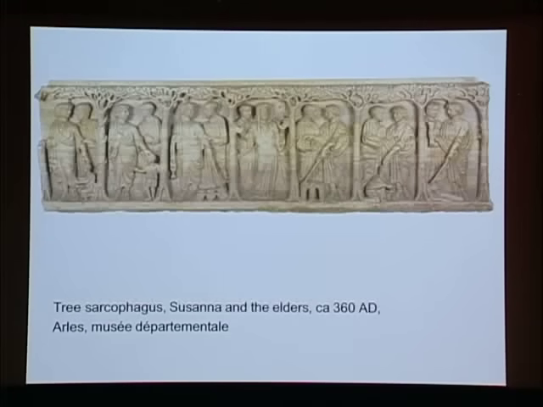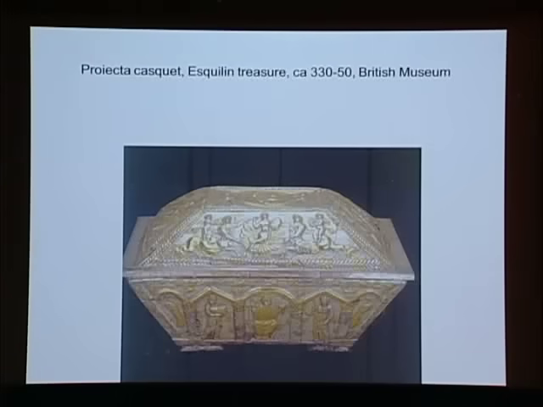Variations show the arcades in form of trees, like in this sarcophagus from Arles, with several scenes from Old and New Testament here, with Susanna and the elders apparently right of the central motif, and in another famous casket in the British Museum from the treasure of the Esquiline, where even the change of arcades with pointed structures is used in order to vary the enclosed forms.